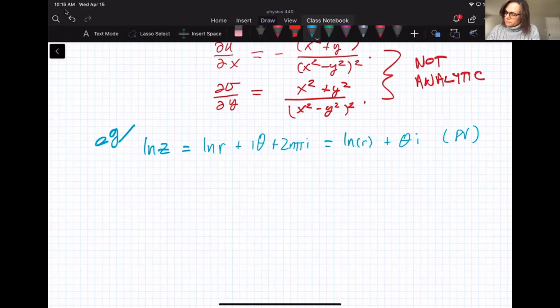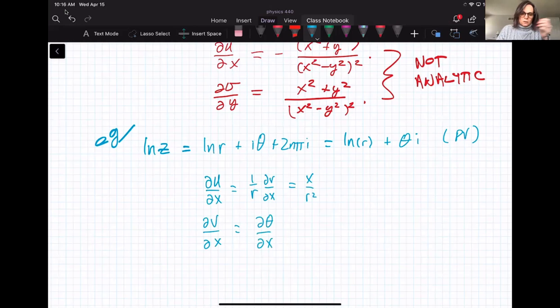All right. du/dx is straightforward. That's just 1 over r dr/dx, and that's equal to x over r squared. dv/dx is equal to d theta/dx, and that's a little trickier, right? That's equal to d/dx of theta, but that's d/dx of the inverse tangent of y over x.